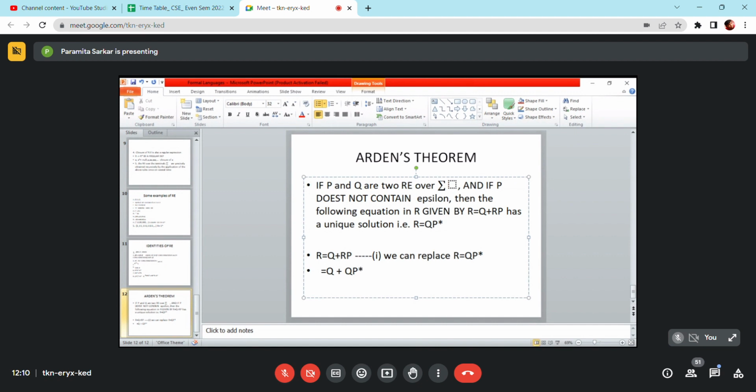QP star P. Instead of R, we replace R by QP star, because in our Arden's theorem it is given, we have to prove it. Now in the next case, we can reduce it by taking Q common. After taking common Q, inside the bracket we will get 1 plus, Q is taken out, so we get P star P.